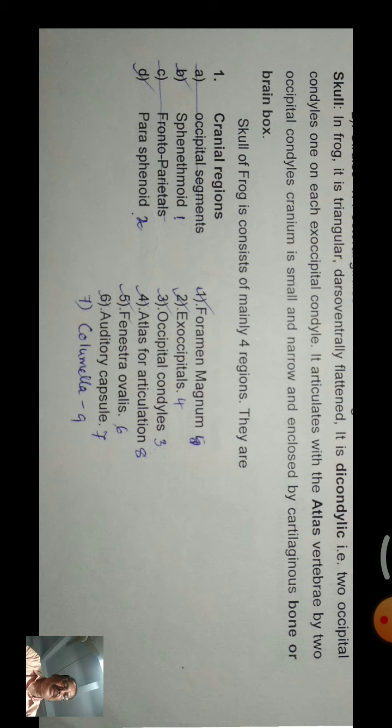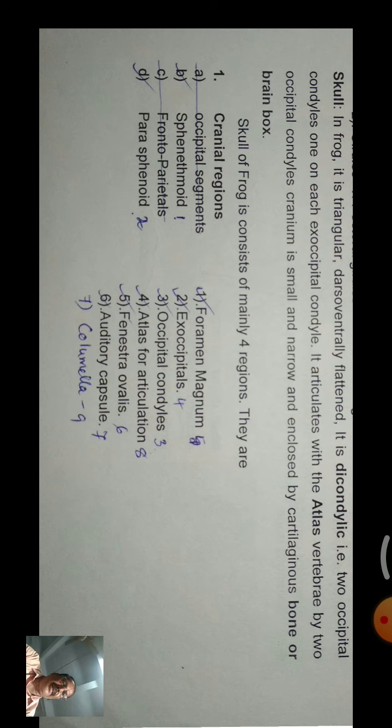It articulates with the atlas vertebra by two occipital condyles. The cranium is small and narrow and enclosed by a cartilaginous bone or brain box.